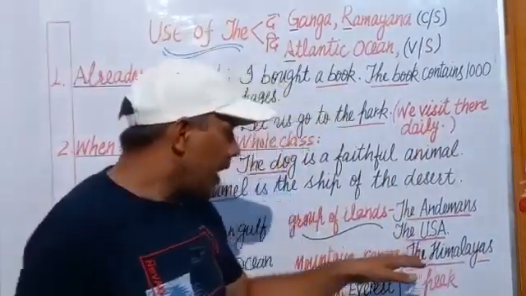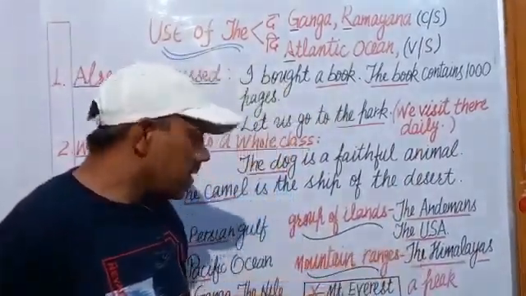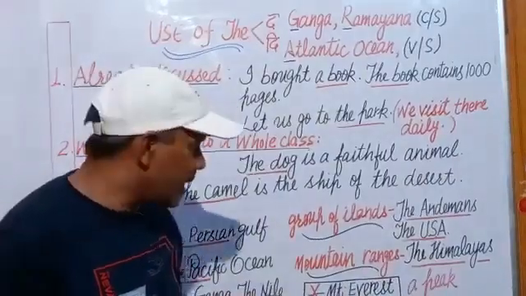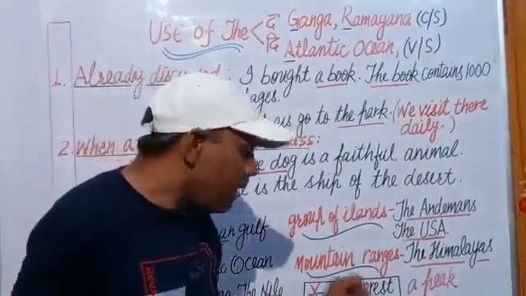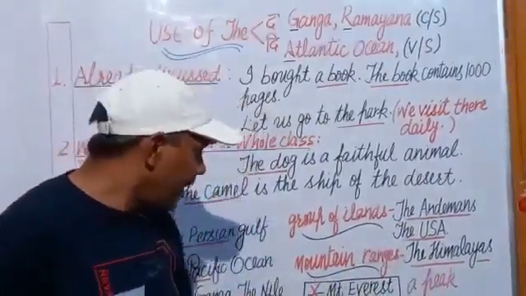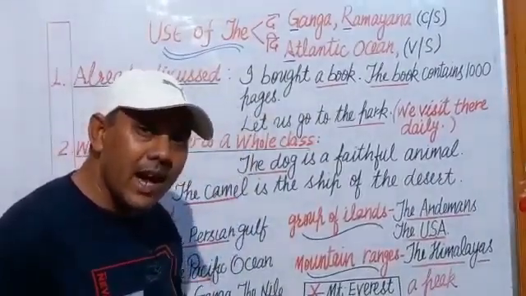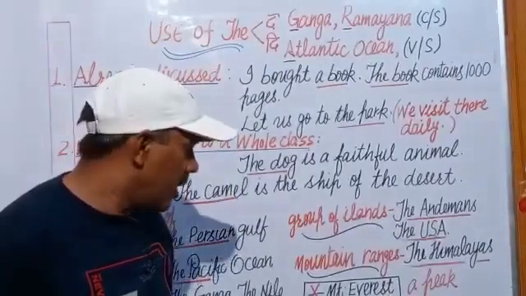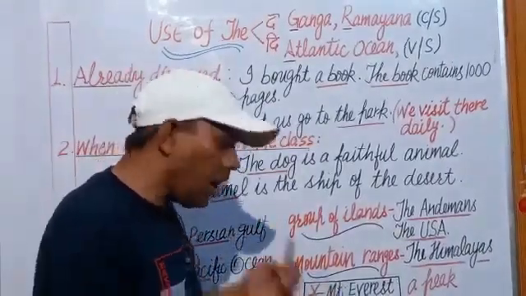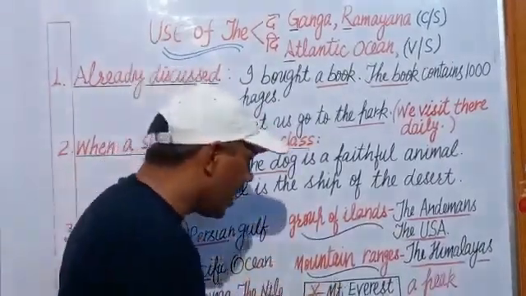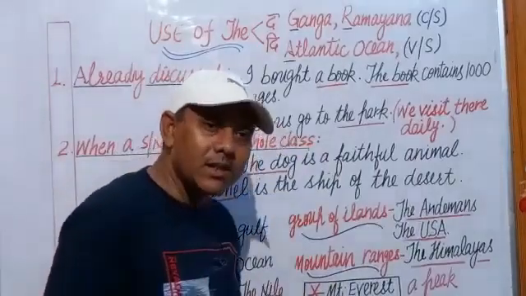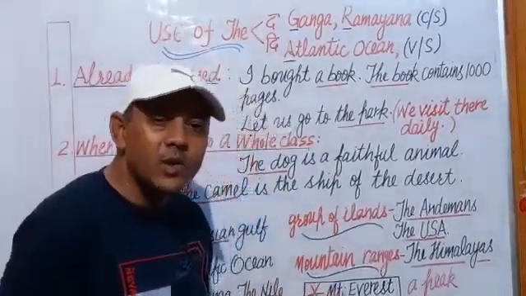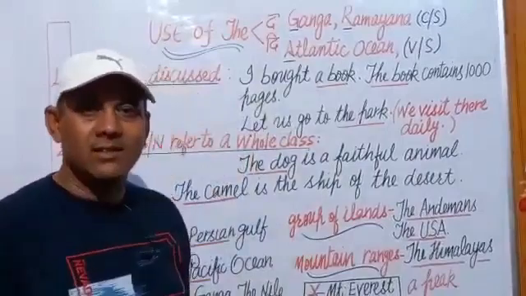Here, I want to make a specific example. For example, Mount Everest. Fill in an article before this. Do you know? Can you fill? Some students fill the as they see the name Mount, but this is a particular name of a peak.